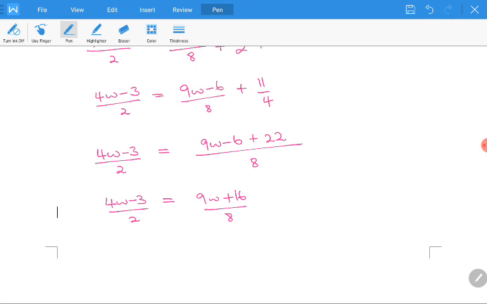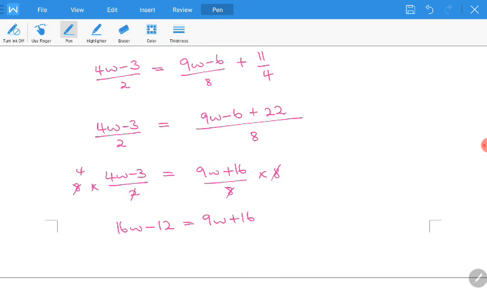So here now is where I'm multiplying through by 8. So if I multiply by 8 here and by 8 here, 8 into 8, that's 1. 2 into 8, that's 4. So 4 times 4w, that's 16w minus 12 is equals to 9w plus 16.